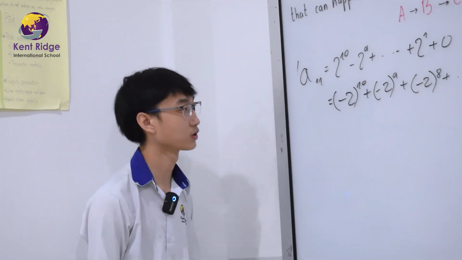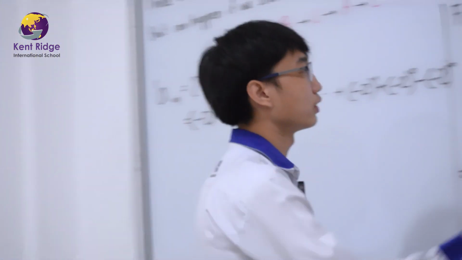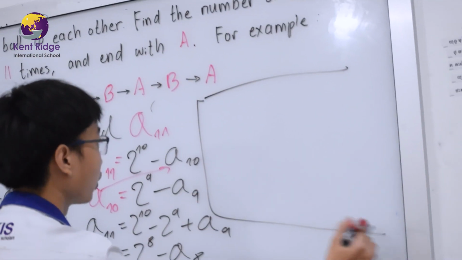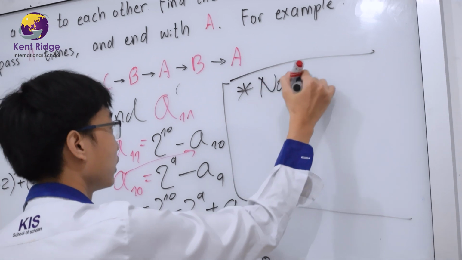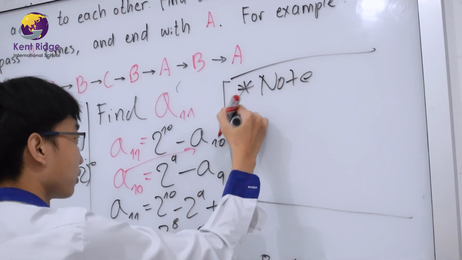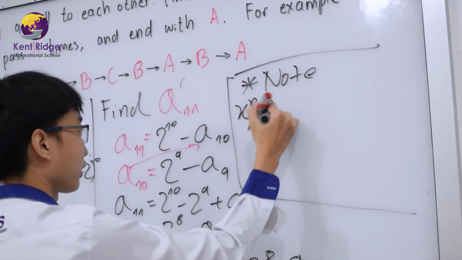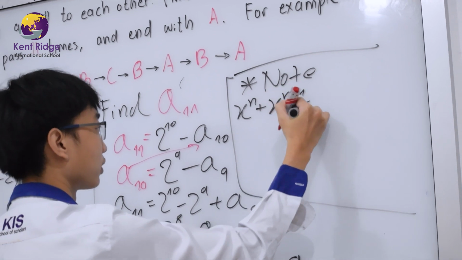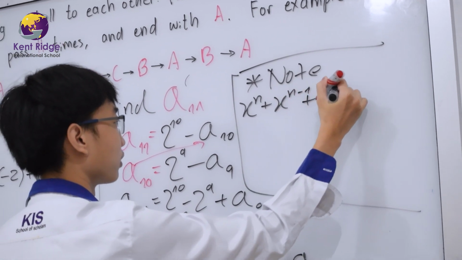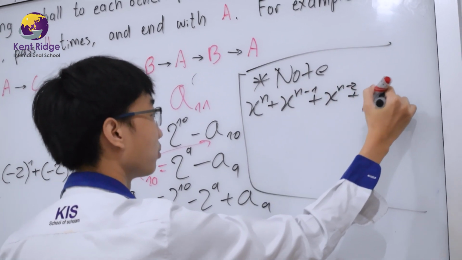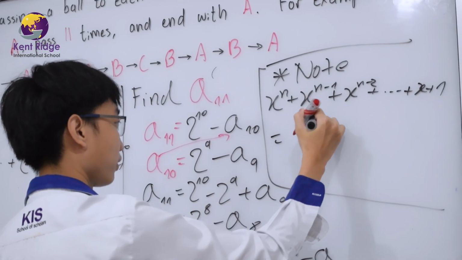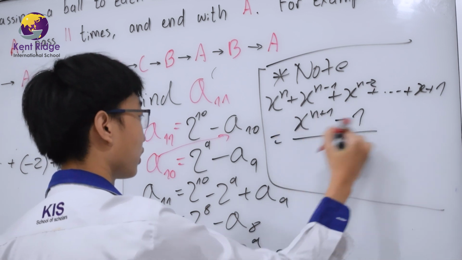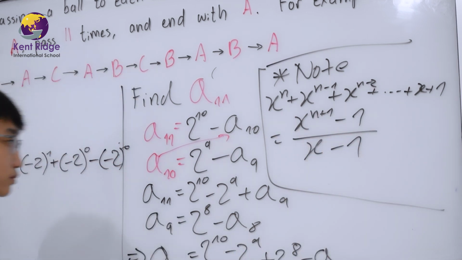And if you remember the formula for the geometric sequence, we know that x to the power of n plus x to the power of n minus 1 plus x to the power of n minus 2 plus so on plus x plus 1 would be equal to x to the power of n plus 1 minus 1 over x minus 1.